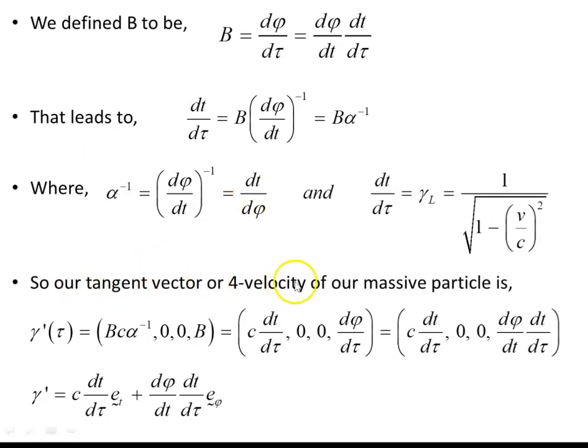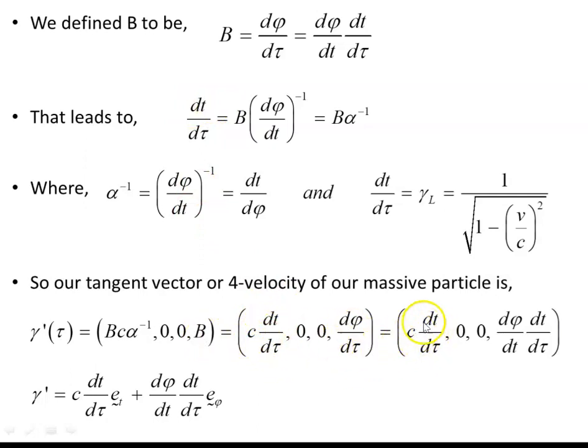Now, our tangent vector or four-velocity for our massive particle, be it an observer or a particle, an object with mass, gamma prime or gamma dash, is this object here. We can rewrite this as b times alpha inverse is dt d tau, so c times dt d tau, and b is d phi d tau as defined.